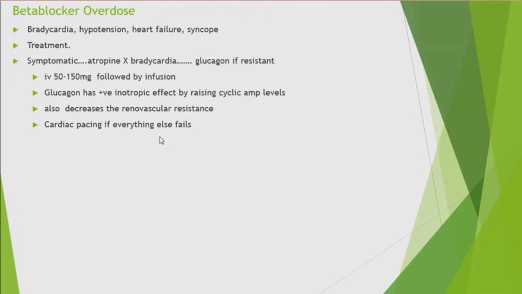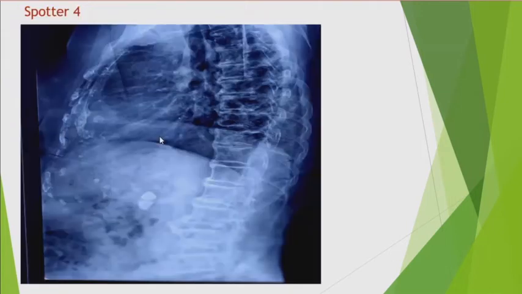Glucagon has a positive inotropic effect on the heart, raising cyclic AMP levels, whereas beta blocker has a negative inotropic effect. If everything is not working, then the only option is to temporarily pace the heart and sort it out.